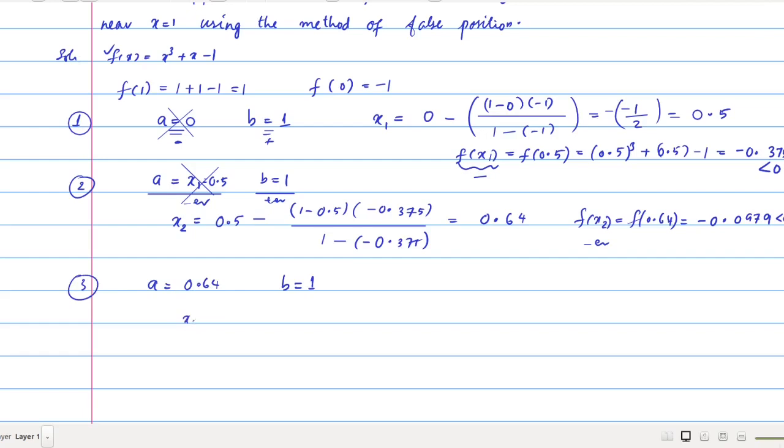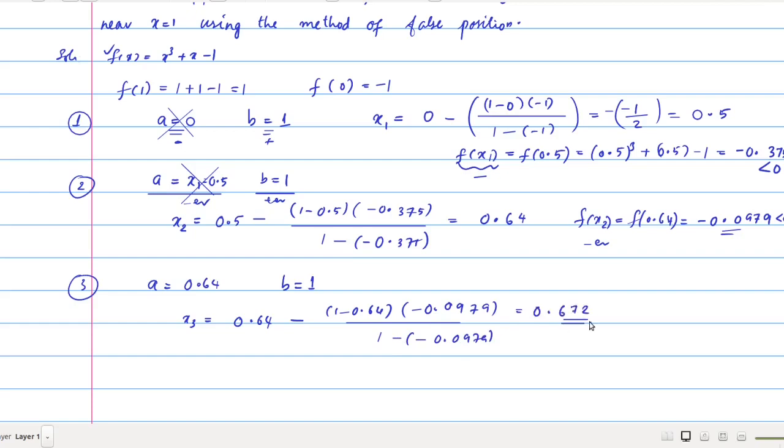Using this a and b we evaluate x3. With the same argument, 0.64 minus (1 minus 0.64) into f of 0.64, obtained here, that is minus 0.0979, divided by 1 minus of minus 0.0979. Now evaluate this and you get 0.672.